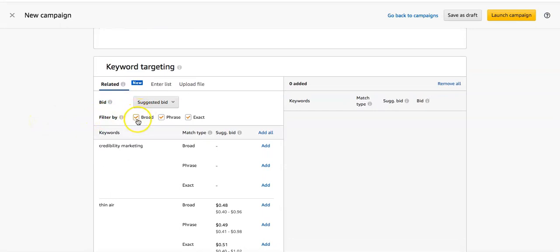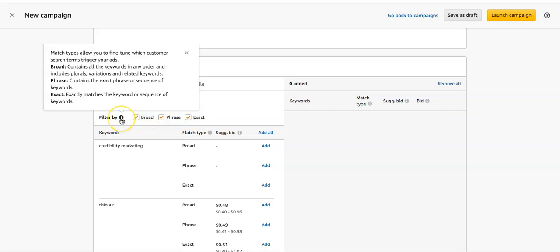You can filter, or you can put in keywords by broad, phrase, and exact. And this will explain to you what that means. So the broad keywords contains all the keywords in any order, including plurals, variations, and related. So if you put in steamy romance novel, that's your keyword phrase, steamy romance novel.